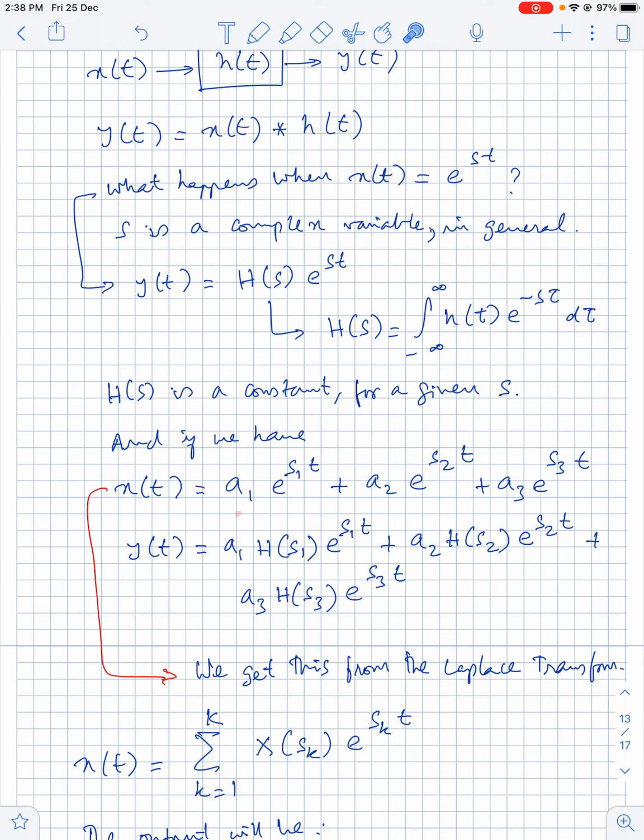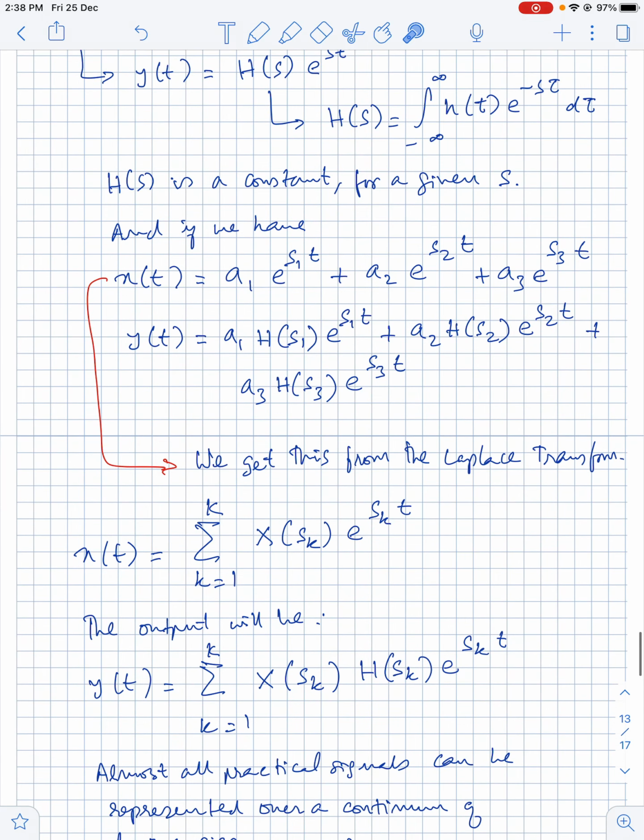The coefficients a will remain because they are the linear combination coefficients. e raised to s1t will give me H of s1 times e raised to s1t, e raised to s2t will give me H of s2 times e raised to s2t, and e raised to s3t will give me H of s3 times e raised to s3t. Fine. But now the whole idea of the Laplace transform is to get this representation.